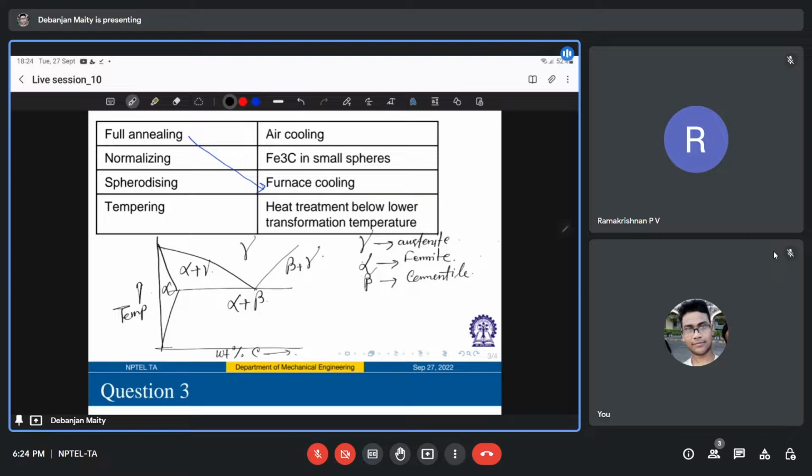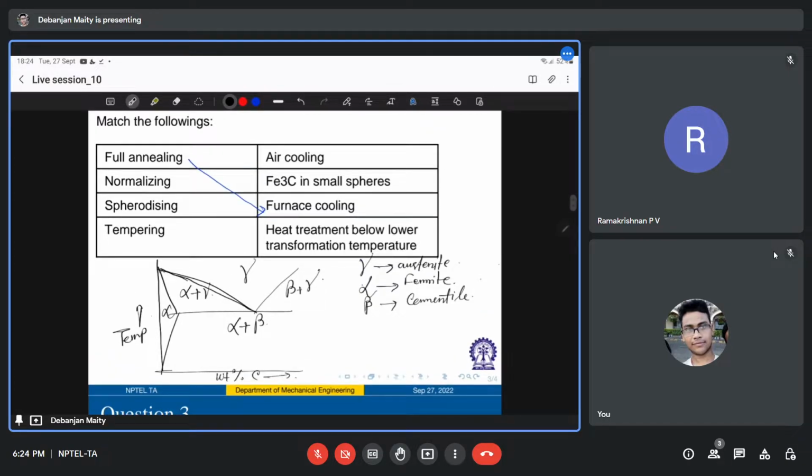So basically, what happens during annealing is, if this is your critical temperature, let's say this line, which I am bolding, this is your upper critical temperature, and this line is your lower critical temperature.